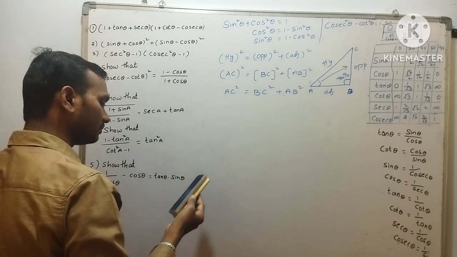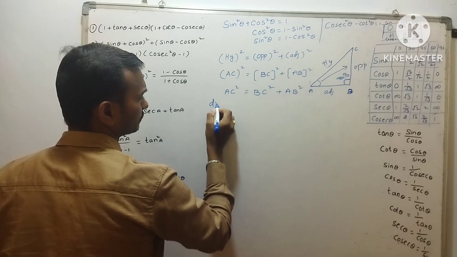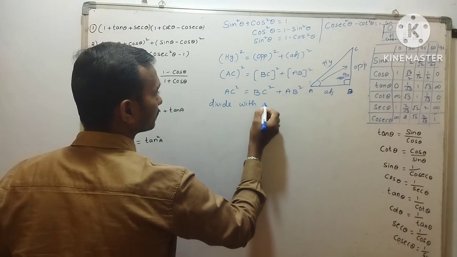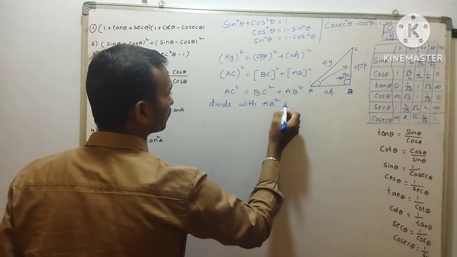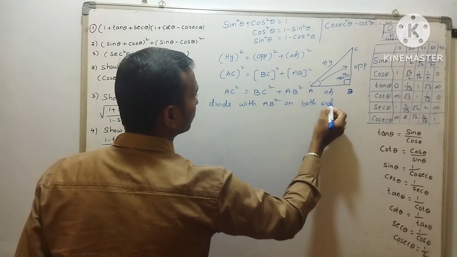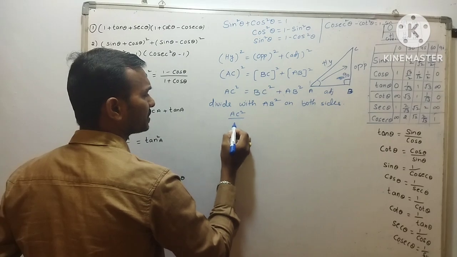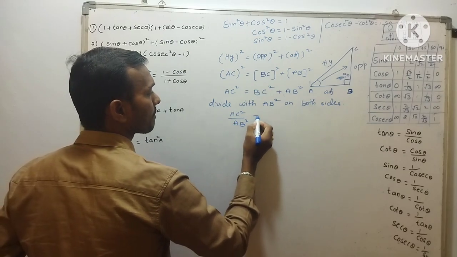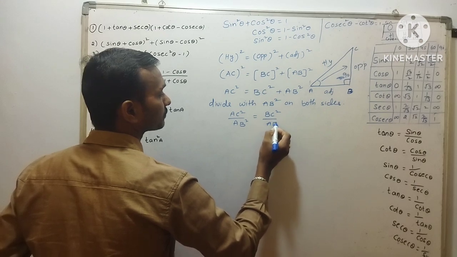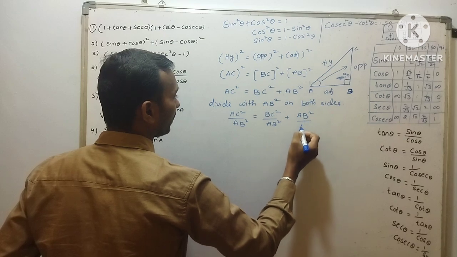Now, if you divide with AB square on both sides, that is AC square by AB square equals BC square by AB square plus AB square by AB square.